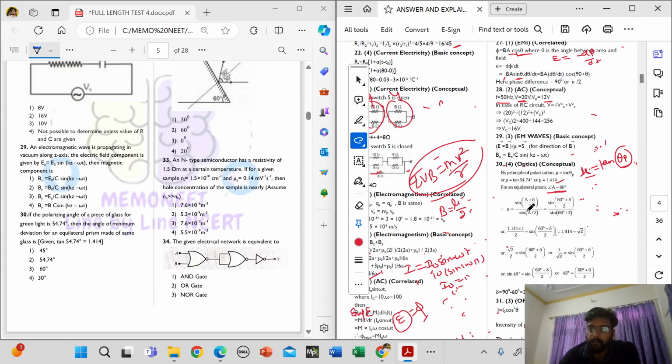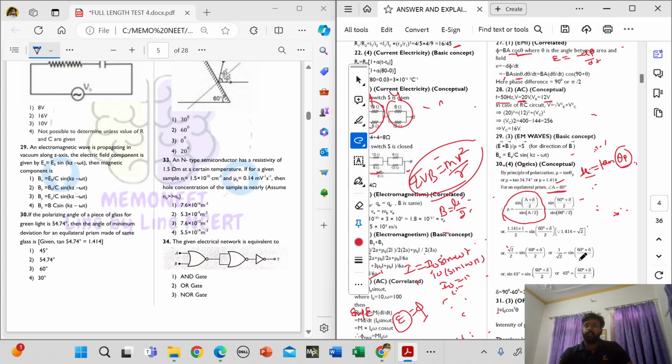Now the formula of mu for the prism: mu is equal to sin of (A plus delta) by 2 over sin A by 2. We can calculate the angle of minimum deviation. A is 60, so A by 2 is 30. The value of mu is 1.414. Sin 30 is half, so 1.414 multiplied by half is equal to sin of (60 plus delta) by 2.